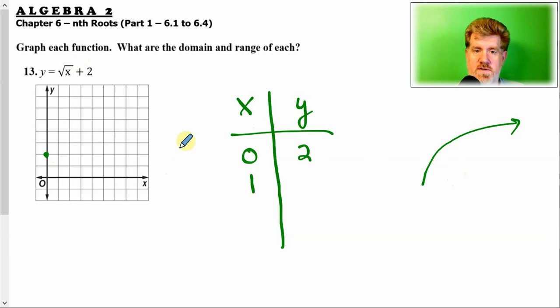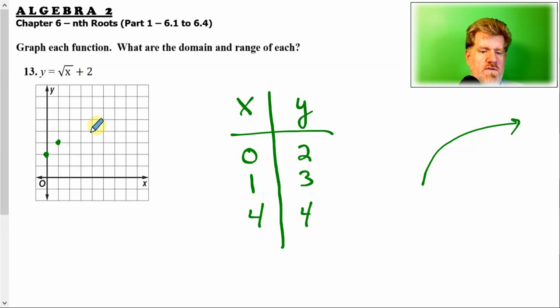1, it's a nice easy one. What's the square root of 1? 1. And what's 1 plus 2? 3. I think there's one more easy one to pick. Let's pick 4. Because what's the square root of 4? Right? 2. 2 plus 2 is 4. So I put in 4.